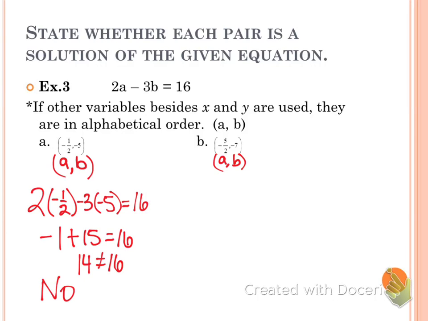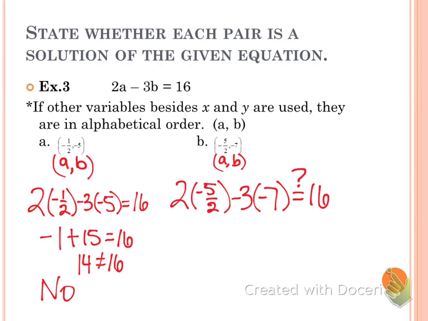All right, on part B, what am I plugging in for A? Negative 5/2 minus 3 times, what's going in for B? Negative 7. We're wondering if that will come out to equal 16. If we've got 2 times negative 5/2, what do we get?